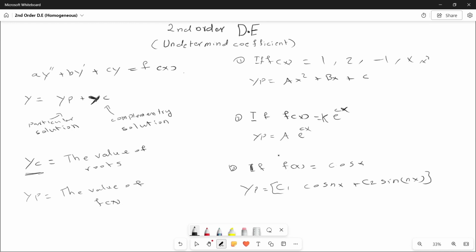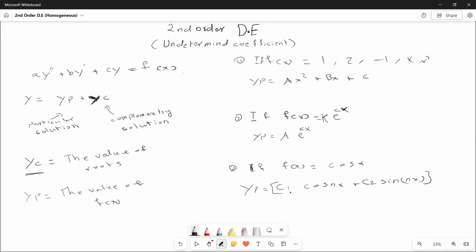Now in this part we'll take the last possibility, which is if f of x is a trigonometric function, and then our particular solution would be c1 cosine nx plus c2 sine nx, and that would be more clear in an example later.